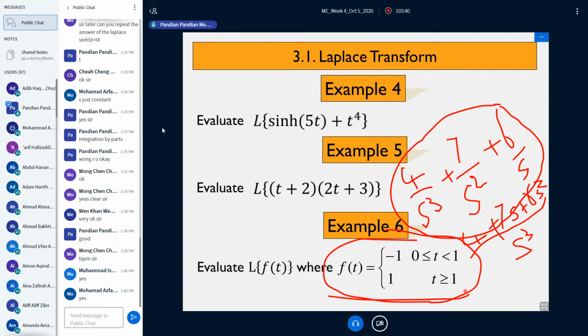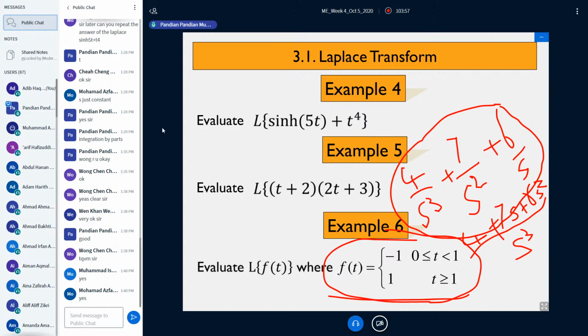Then the integration of e power minus st dt is e power minus st divided by minus s. So minus 1 over s, 0 minus 1, you have 1 over s. So minus 1 over s plus 1 over s is 0.